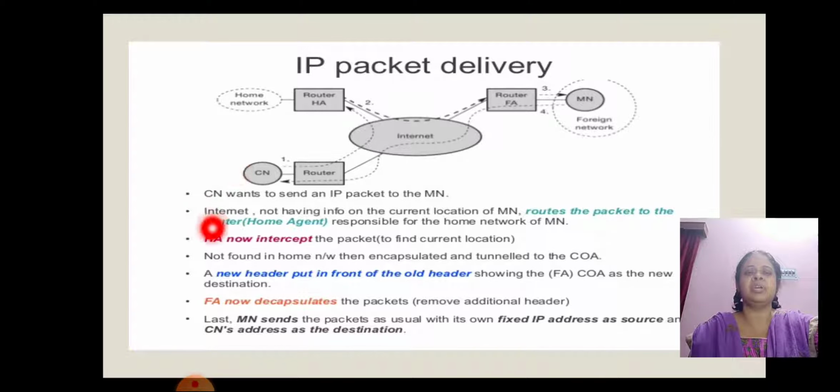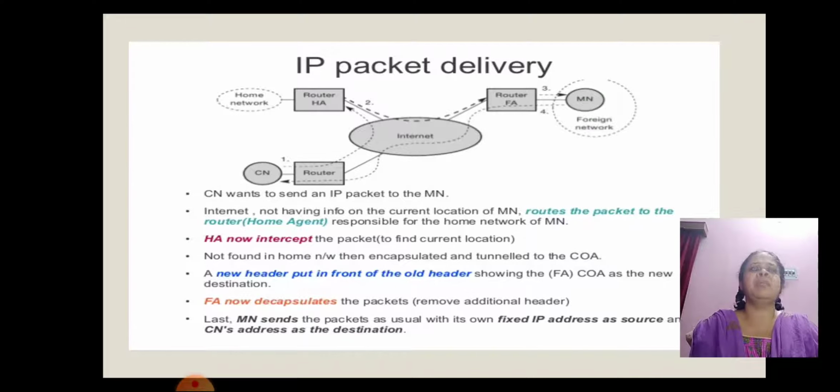Now next is the Internet, which has no information on the current location of the mobile node. The packet is routed to the router called the home agent, which is responsible for the home network of the mobile node. I hope everyone will be able to remember what a home agent is. The home agent provides several services for the mobile node and is located in the home network.